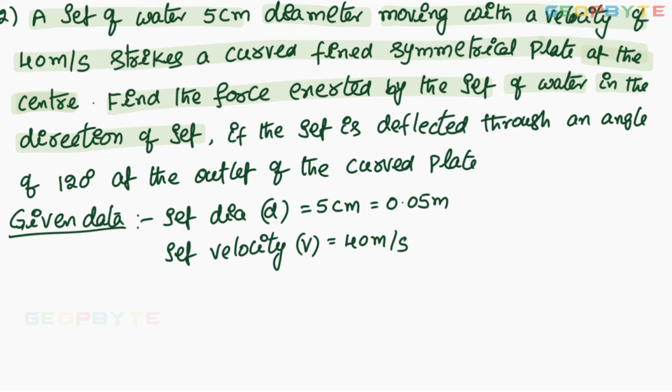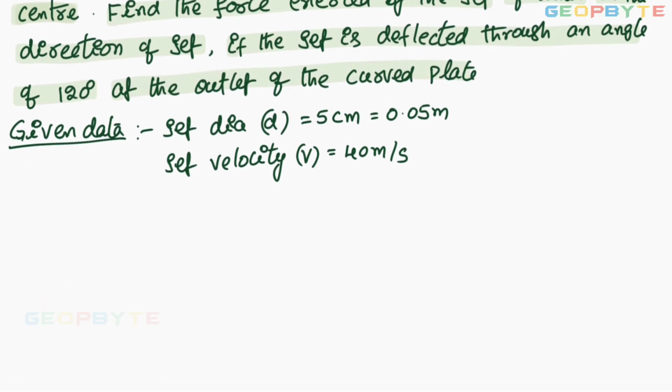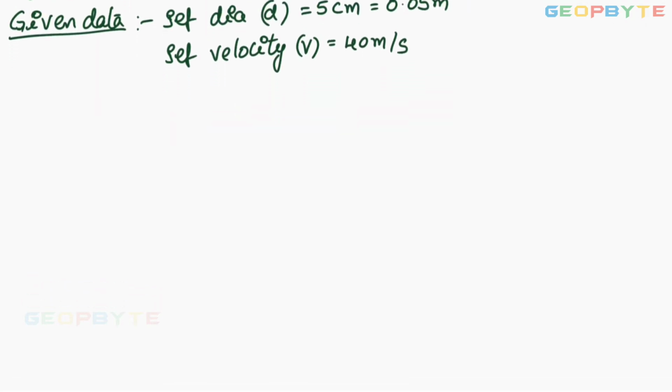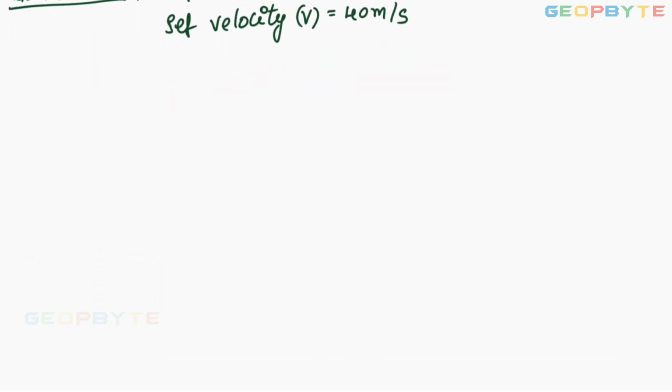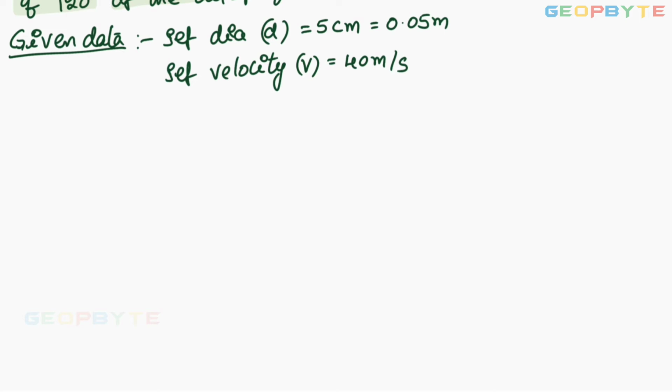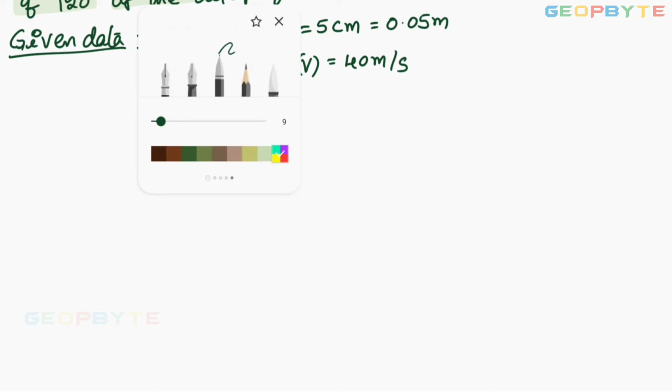You are asked to find the force acting on the plate by the jet in the direction of the jet entering the plate, if the jet is deflected through an angle of 120 degrees at the outlet of the curved plate. It is like this. First let me construct the velocity diagram.